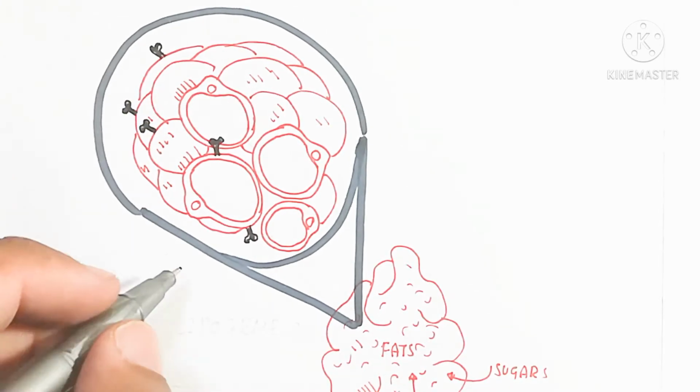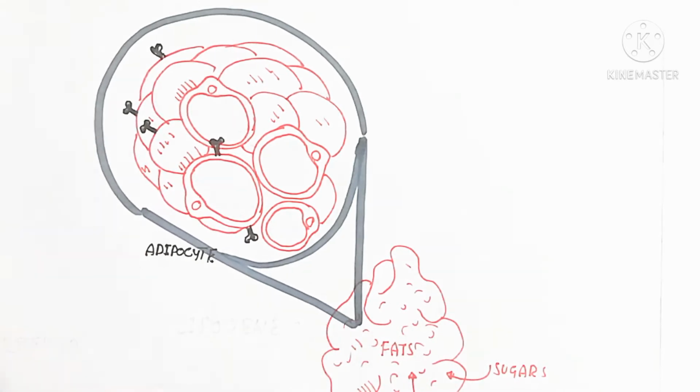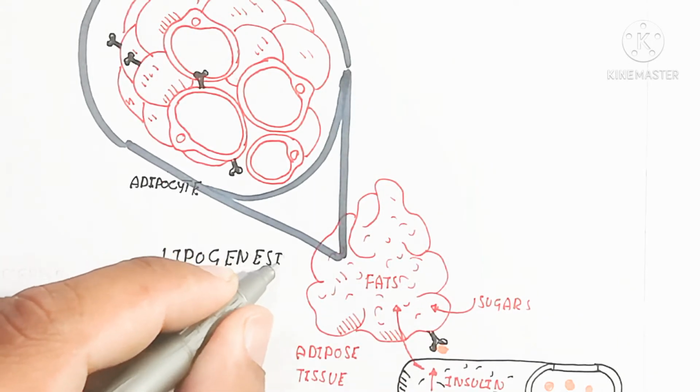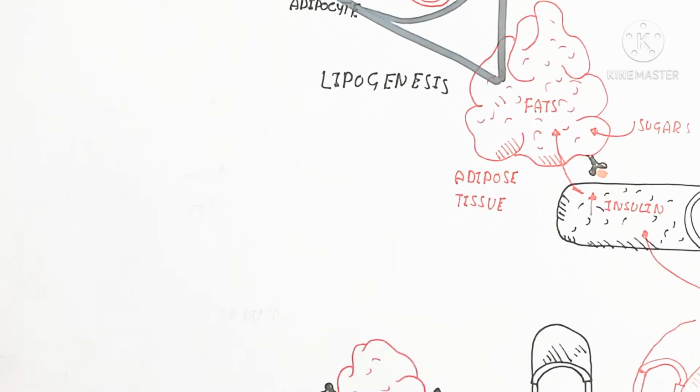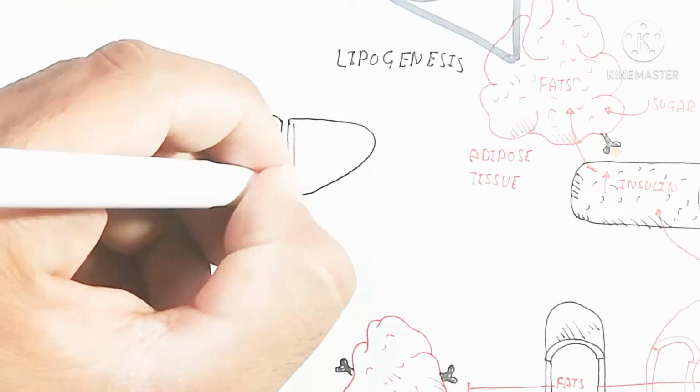Here I am zooming out the adipocyte, which contains a fat storage. The fat storage is in the breast and legs of the female. On the other hand, the abdominal fat is present in the male.